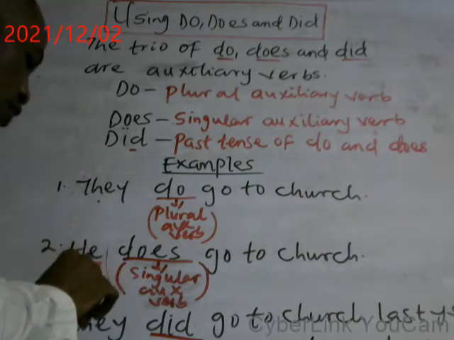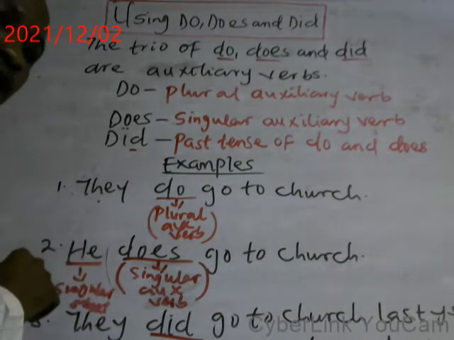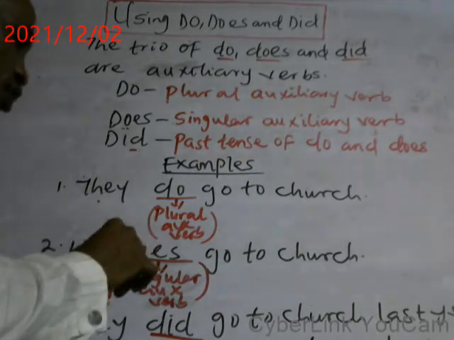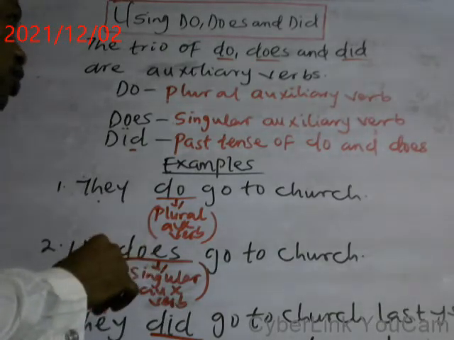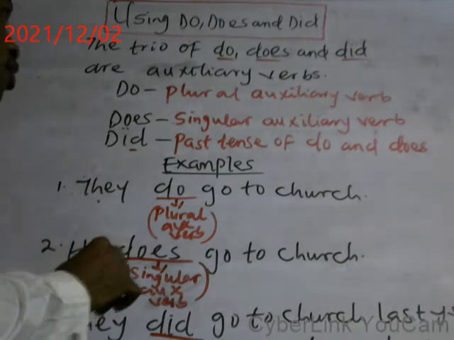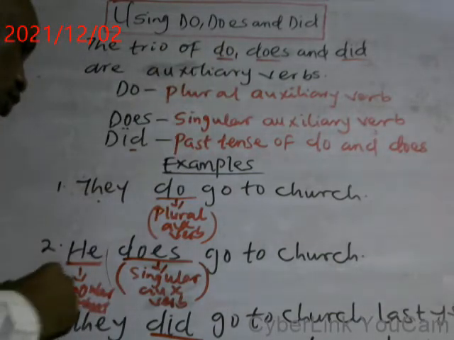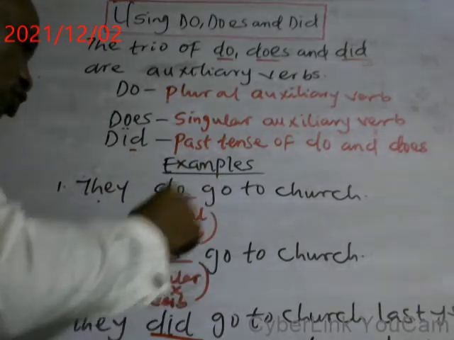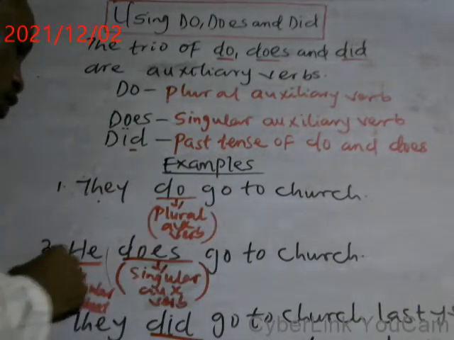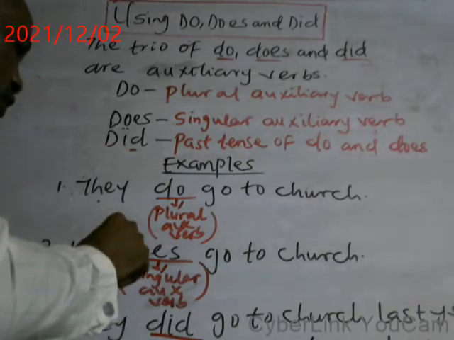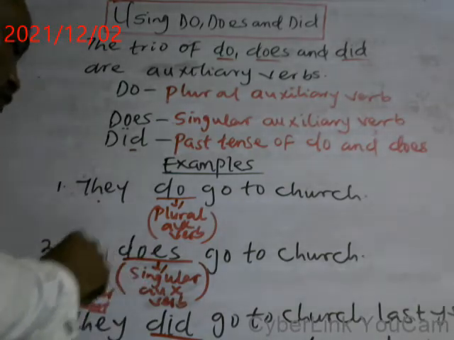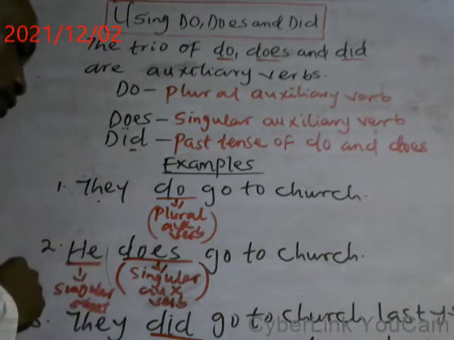Because I have singular subject here, then grammatically speaking, I can use does, because does is the singular form of what? Of do. He does go to church. What informed myself using does is because I have a singular subject here.